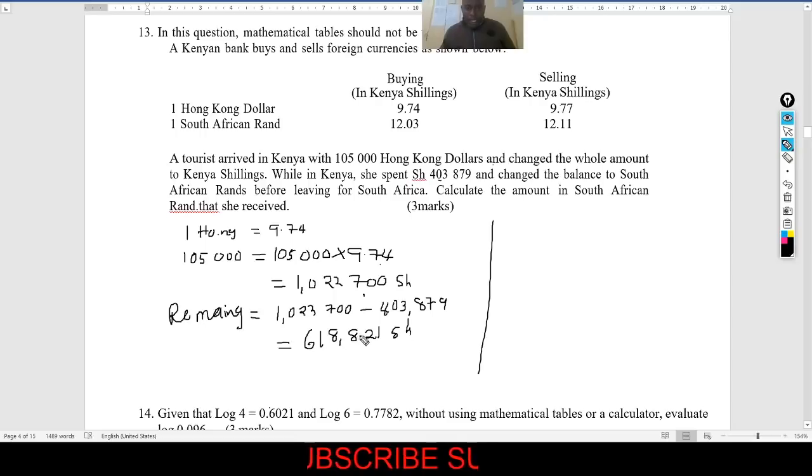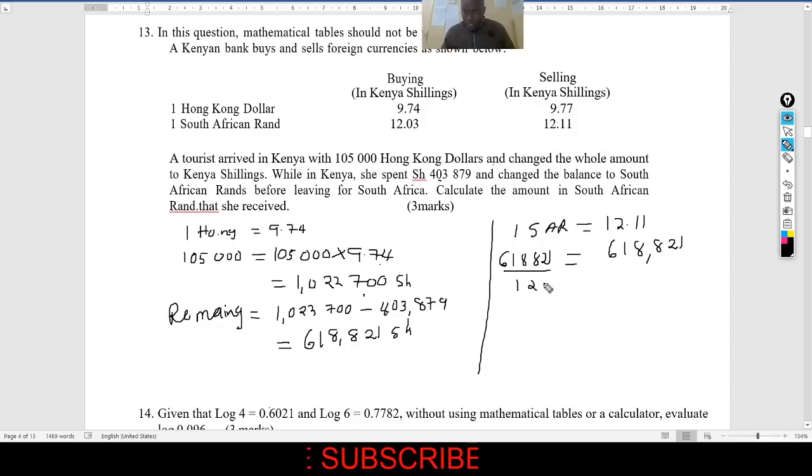This is in shillings, in Kenya, and if he gives these shillings to the bank, the bank is going to sell to him the South African rand at 12.11. So if one South African rand is 12.11 shillings, then 618,821 shillings will be equal to 618,821 divided by 12.11.